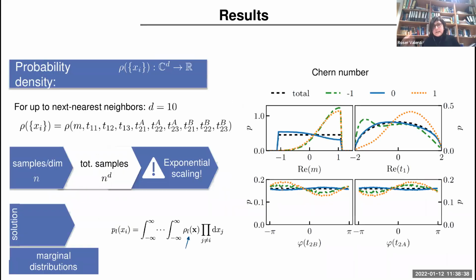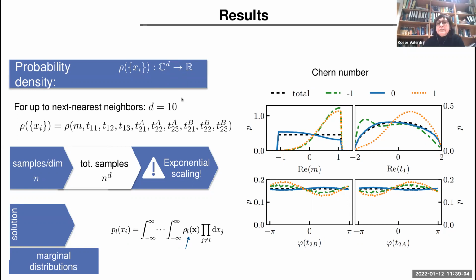So how do we do that? In principle, we should start by calculating correlation functions, so in fact, joint probability densities between these different parameters. However, if we look at the dimensions of this type of calculation, what we would like to do is a mapping of a d-dimensional complex vector into a real number.